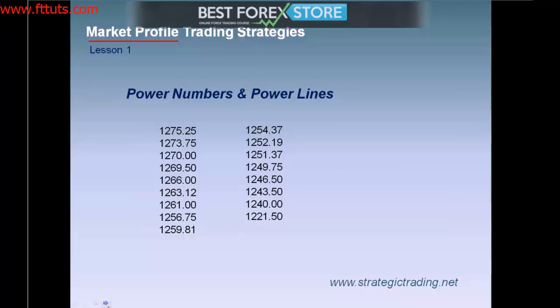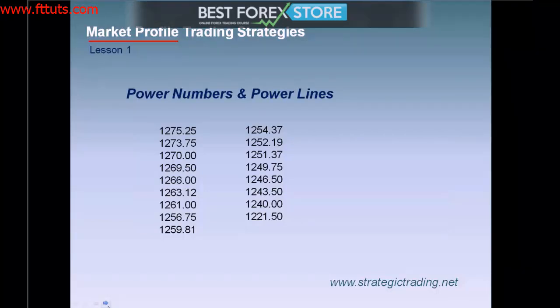All right. You have this in the lesson, so you don't necessarily need to write any of these numbers down, but these are some power numbers, and some power numbers really become power lines. So these power numbers are the power lines that you are going to find are going to be important to look at on a profile or on a chart.